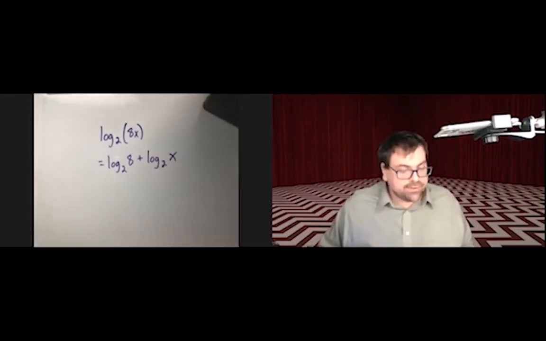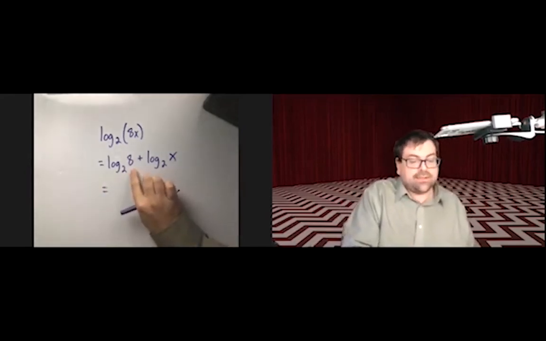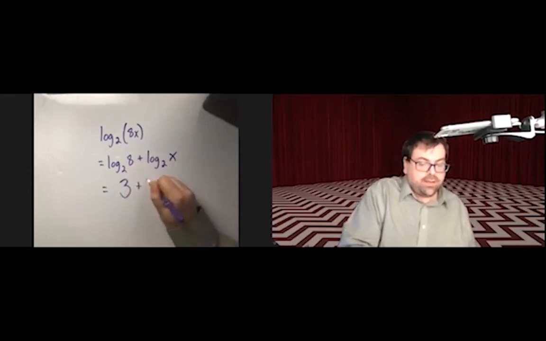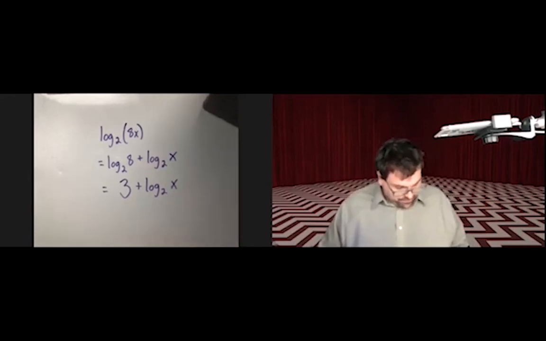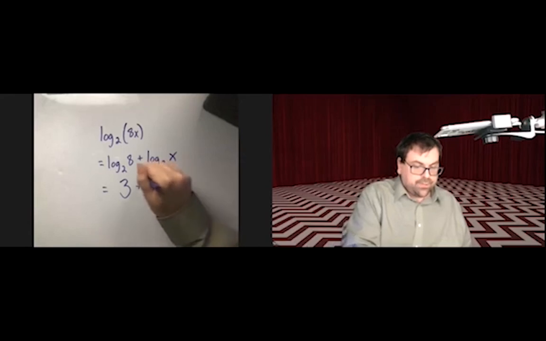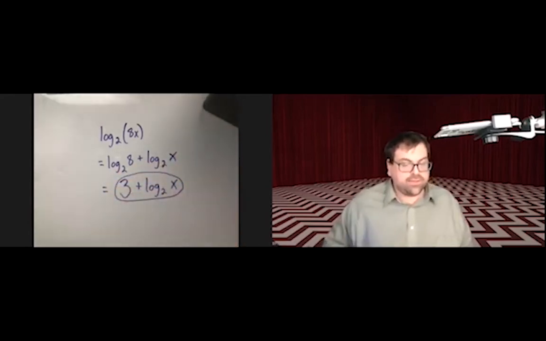Simplify if possible. 2 to what power is 8? 3. A logarithm is an exponent. The exponent here would be 3. So we can use this property to simplify logarithms.